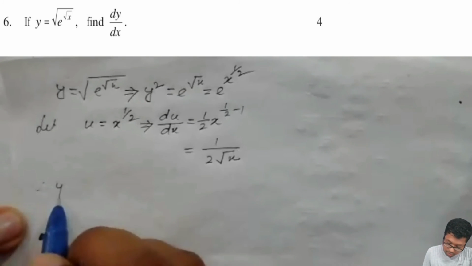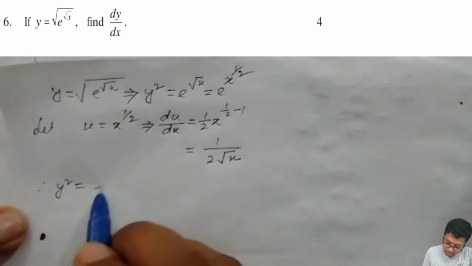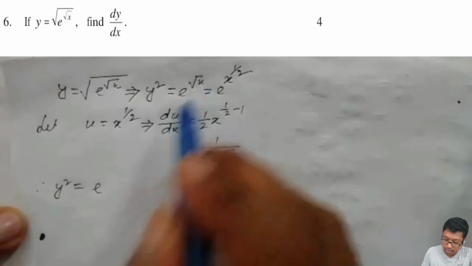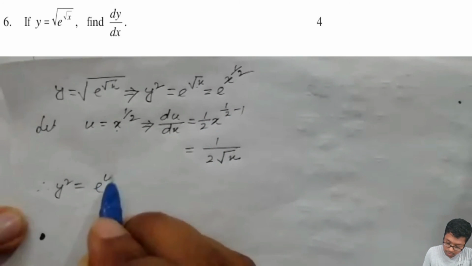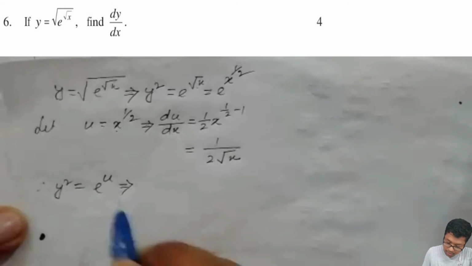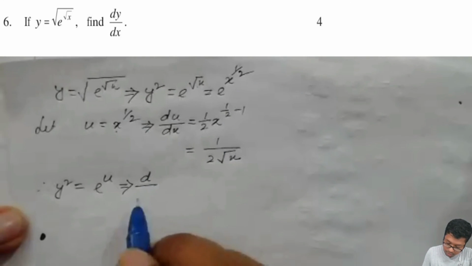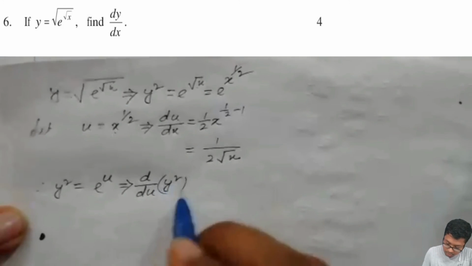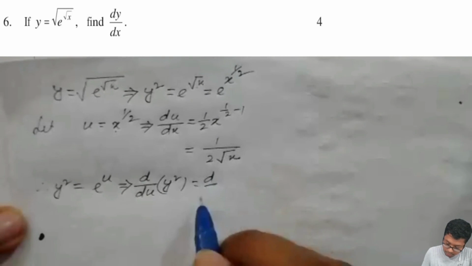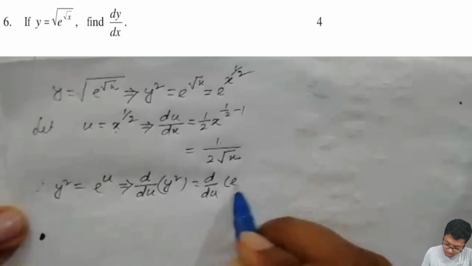Therefore our y square becomes e to the power root over x, which is x to the power half, so it becomes e to the power u. If I take the derivative of this with respect to u, then we have e to the power u.